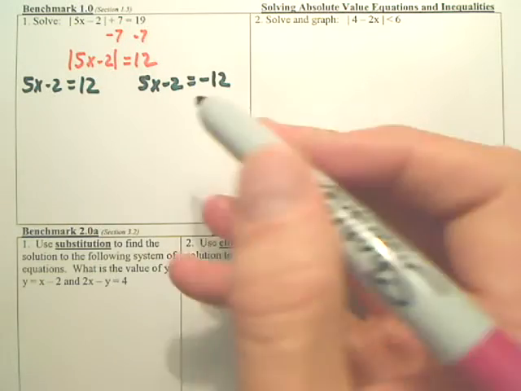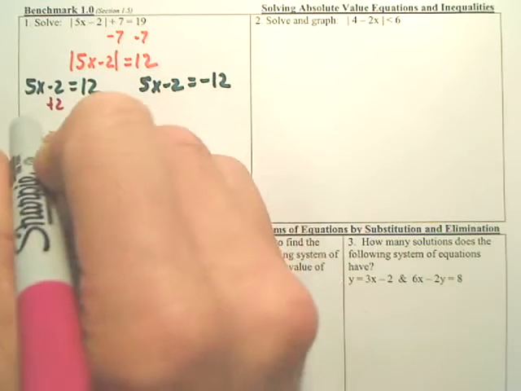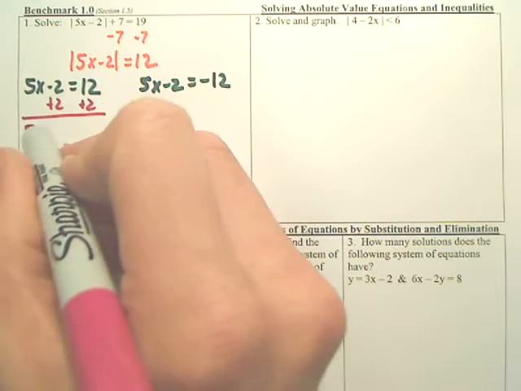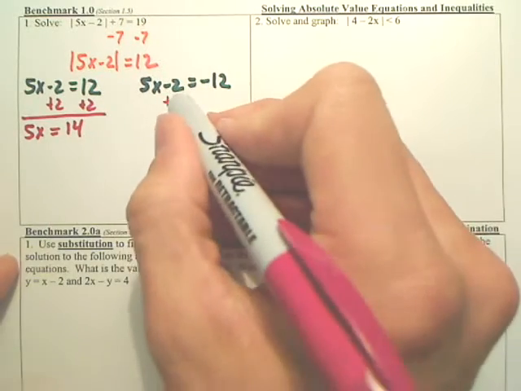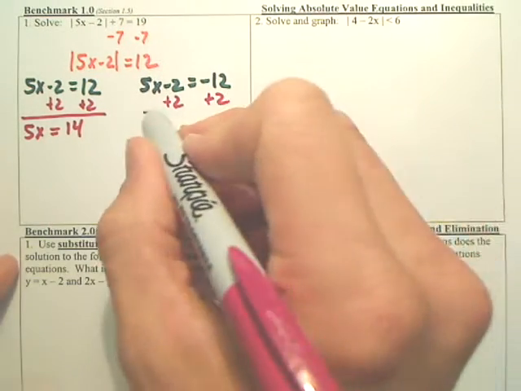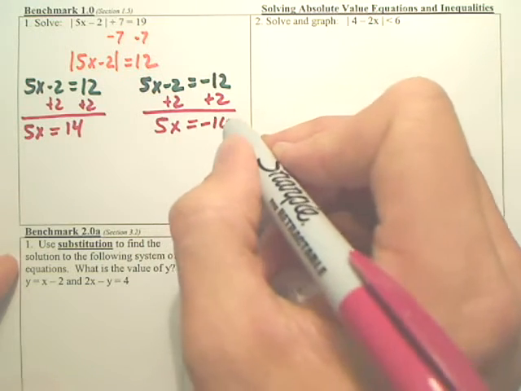We solve each of them. So we add 2 to both sides here, and we get 5x equals 14. Over here, we add 2 to both sides, and we get 5x equals negative 10.